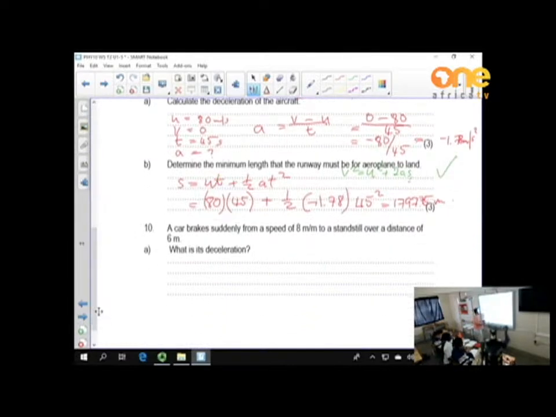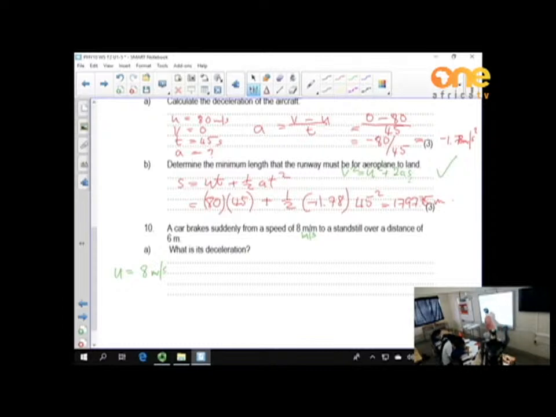All right, now, number 10. A car brakes suddenly from a speed of 8 meters per second, ne? All right, to a standstill. So what is initial velocity? Yes, 8.